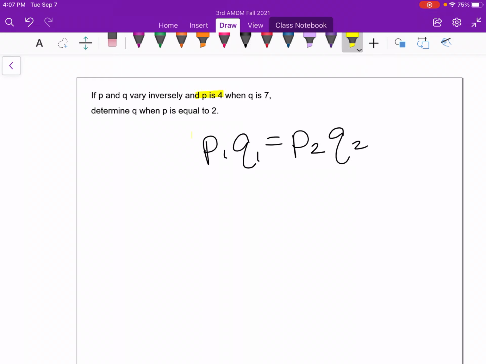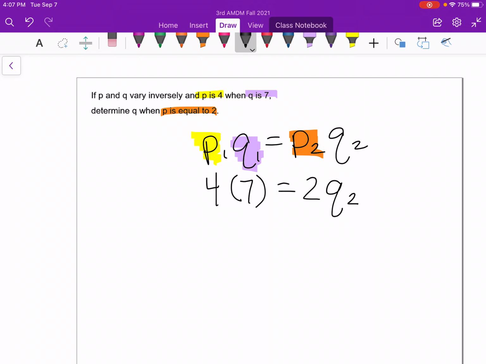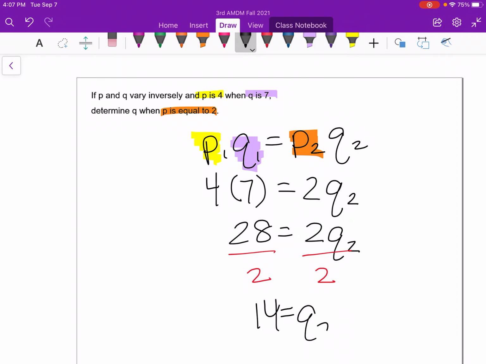I know that p is 4 when q is 7. Determine q when p is equal to 2. So I'm going to plug those all in. I have 4 times 7 equals 2 times q2, or 28 equals 2 times q2. Divide by 2, and 14 is q2.